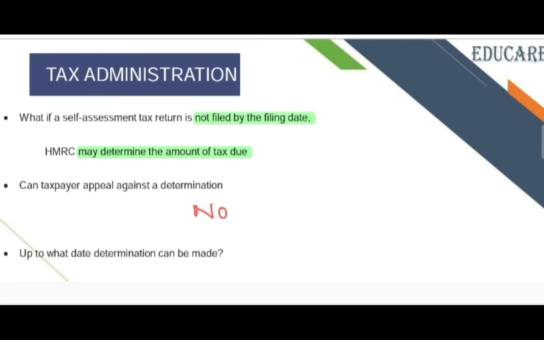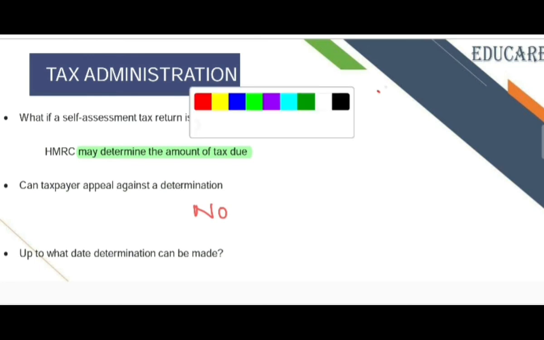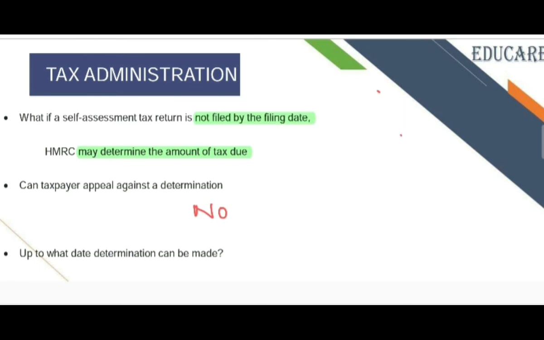Up to what date can a determination be made? A determination can be made at any time within 3 years of the filing date.